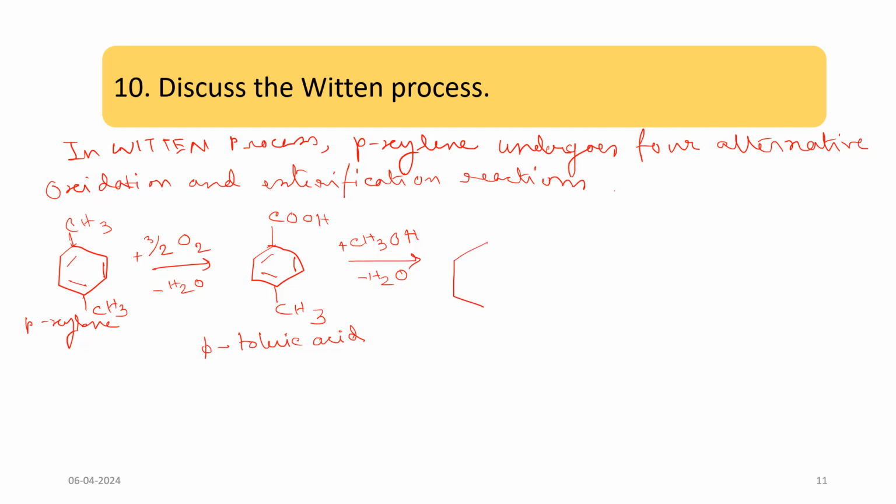So what will happen? It will produce para methyl toluate. Okay. Next again the oxidation step will happen. That means oxygen will be added and water is going out.